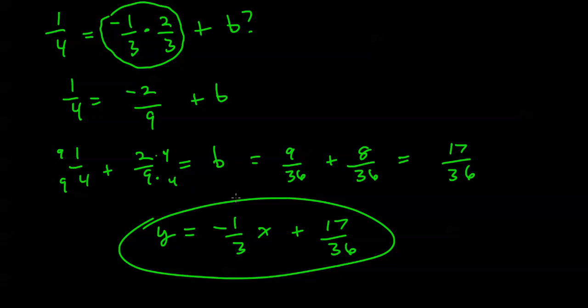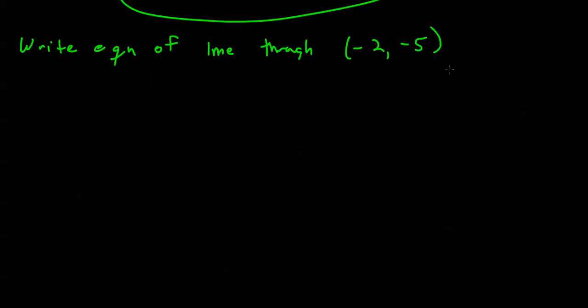All right, let me point out one more. Equation of the line through (minus 2, minus 5) and perpendicular to the line x equals minus 2.